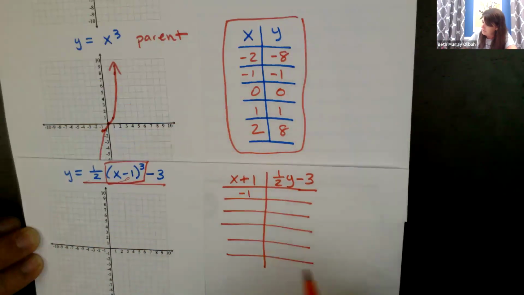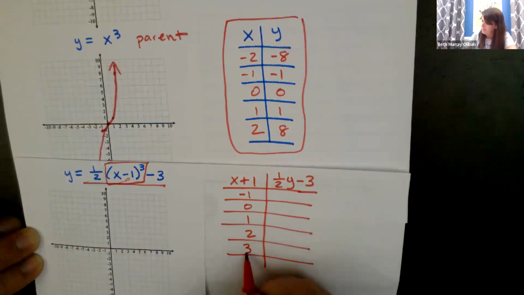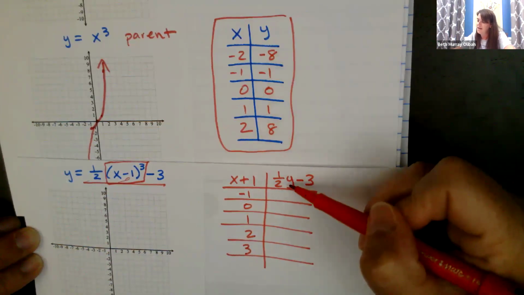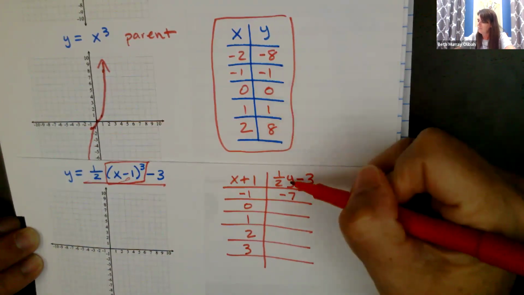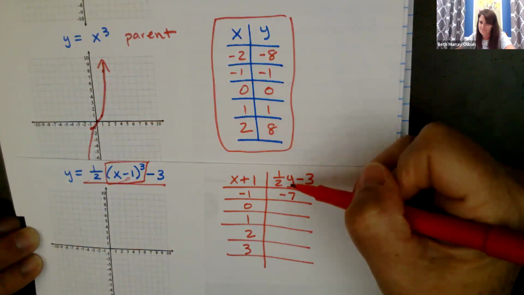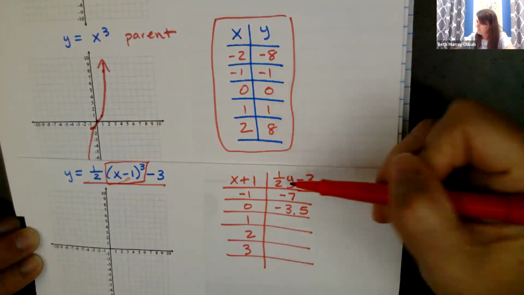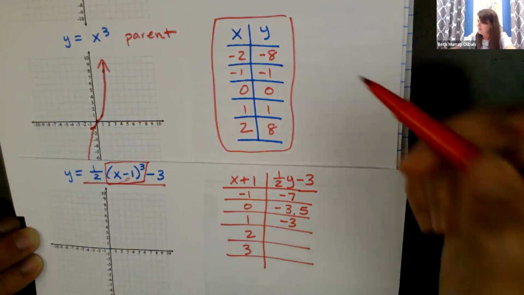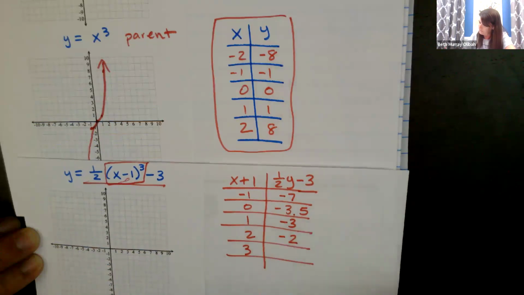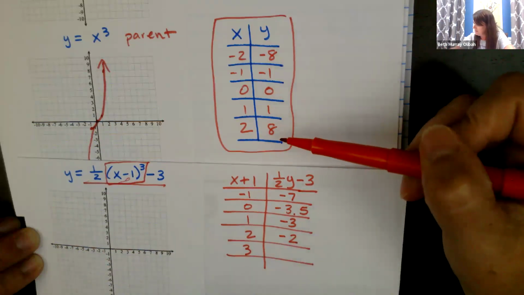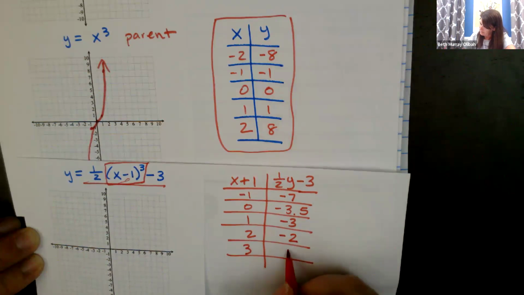So -2 plus 1, -1 plus 1, 0 plus 1, 1 plus 1, and 2 plus 1. -8 times 1/2 is -4, minus 3 is -7. -1 times 1/2 is -1/2, minus 3 is -3 1/2. 0 minus 3 is just -3. 2 times 1/2 is 1. 1 minus 3 is -2. And 8 times 1/2 is 4. 4 minus 3 is 1.